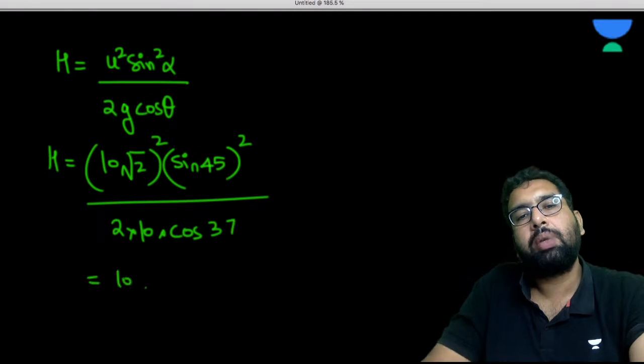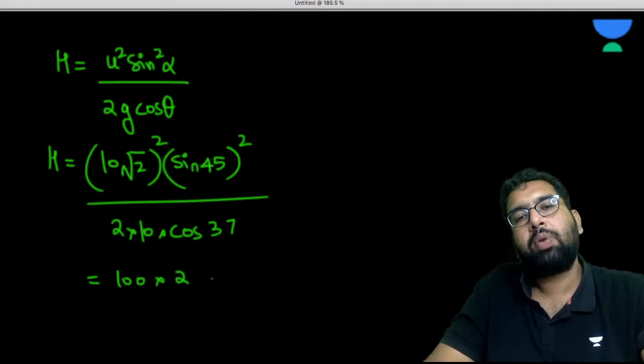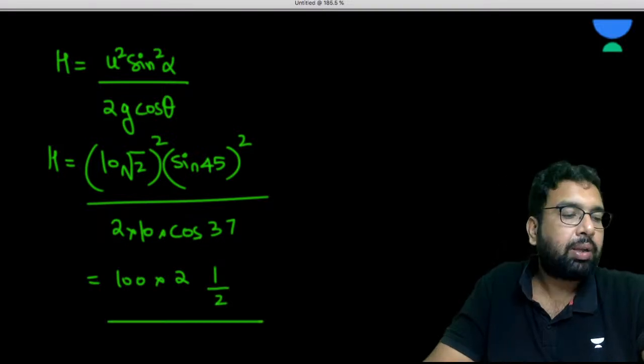So it is going to be 10 square, that is 100, into root 2 square, that is 2, sine 45 square, that is 1 by 2, isn't it?